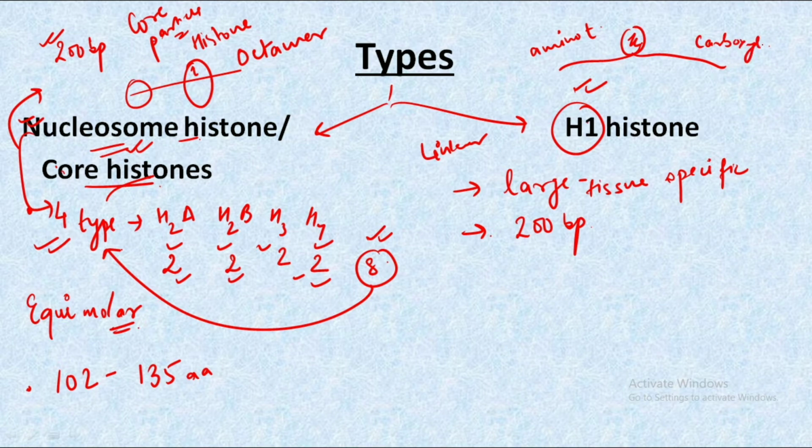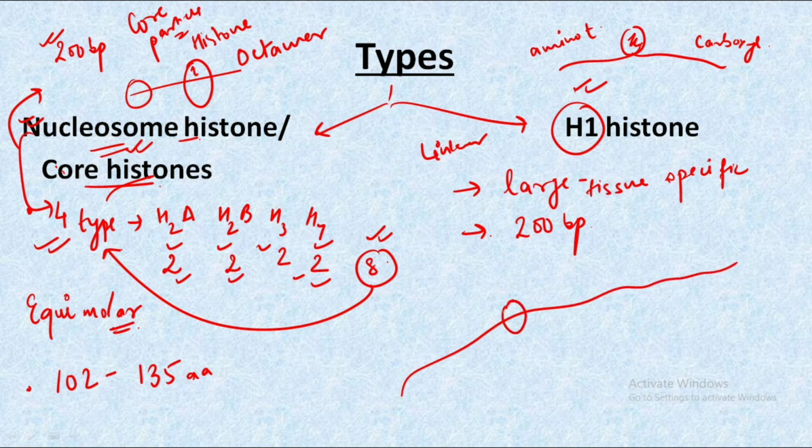So what this H1 histone actually does is, it helps to tighten the complete thread of the chromatin material, and thus it helps to put together the complete nucleosomes that are loosely attached. Consider we have this complete thread.